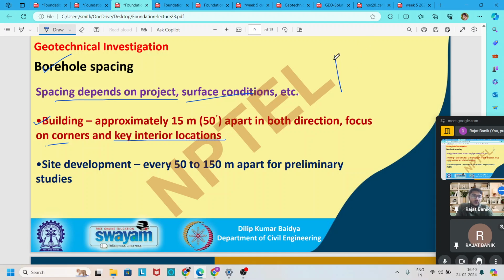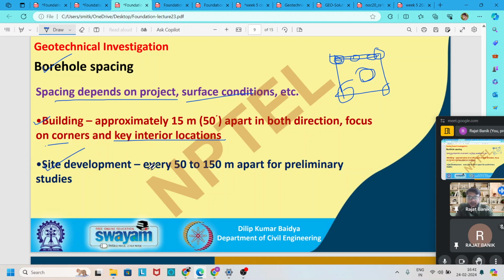That means if one square plan of a building is given, our borehole spacing should be 15 meters, at the four corners, and one should be at the center of this building.